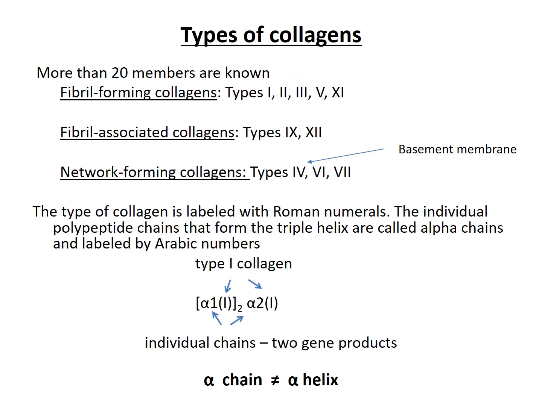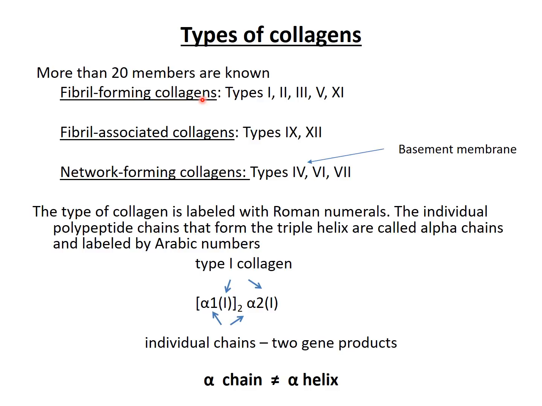Let's go further. So we have now a wonderful collagen network in the extracellular matrix that fulfills the function of the collagen. Depending on what the function of the collagen is, as I mentioned before, we have more than 20 members of the collagen family. Actually, I think we are up to 26 or 27 different members. But we can put them into three categories: fibril forming, fibril associated, and network forming collagens.